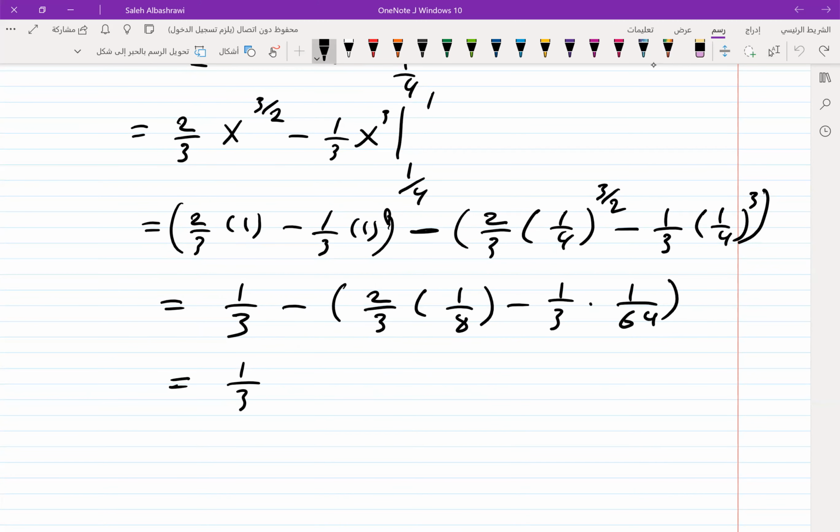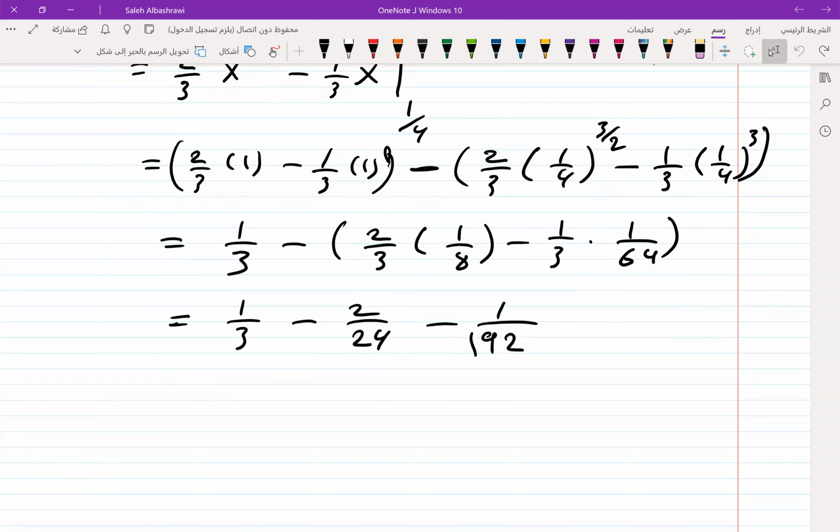So it is 1 over 3 minus 2 over 24 minus 1 over 192. And this can be simplified to a common denominator. The common denominator is 192.